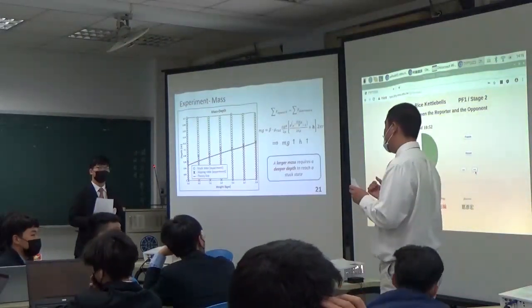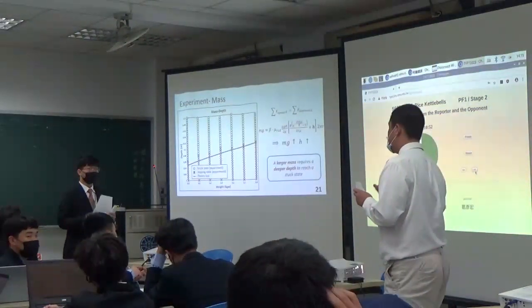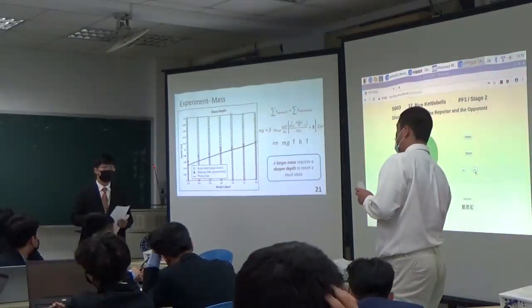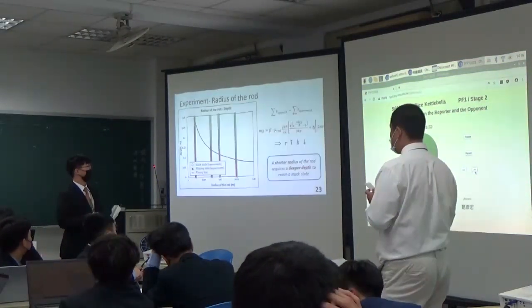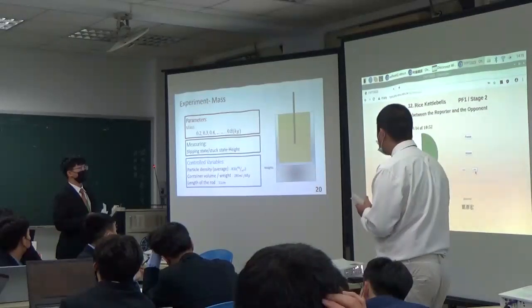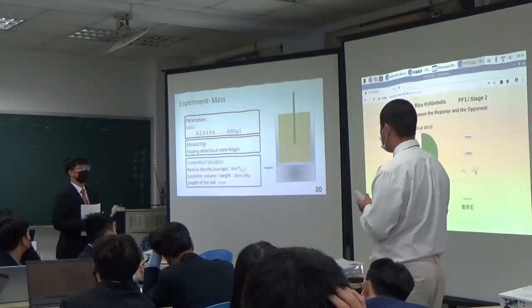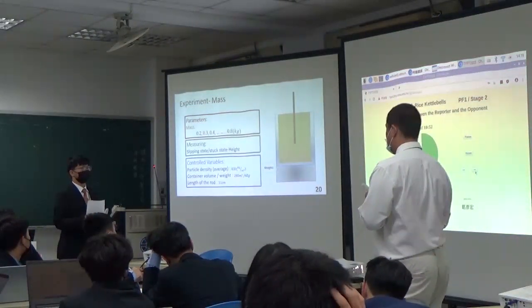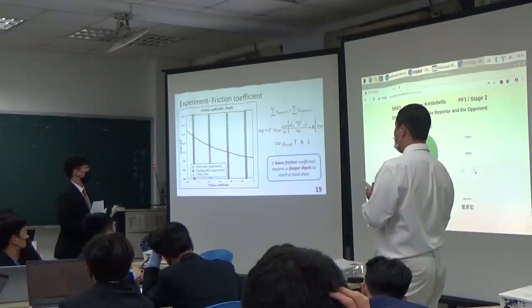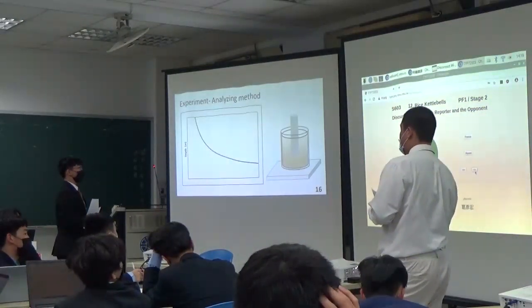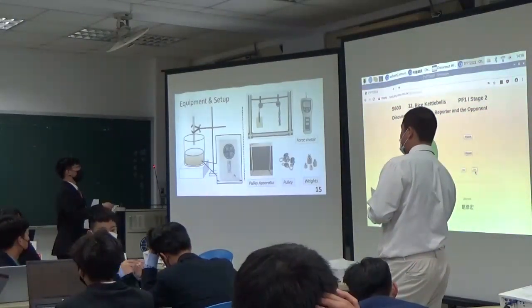There's another one I would like to ask. Have you ever thought that the angle of the spoon or rod will change the result of this experiment? You mean how do I ensure that the angle is 90 degrees? Yeah, is the angle of the rod one of the variables that we could discuss?